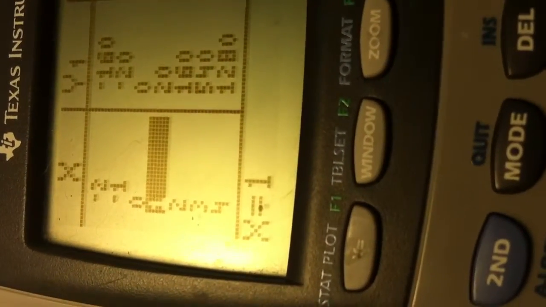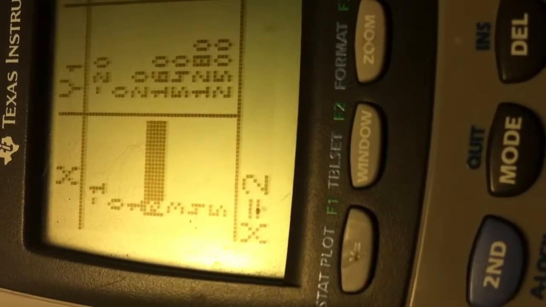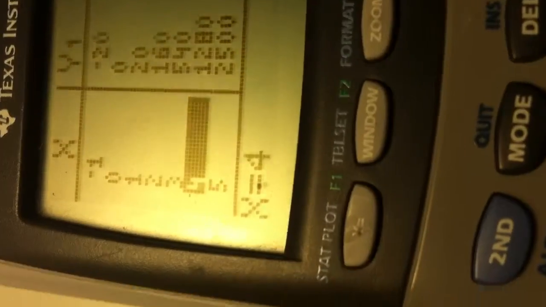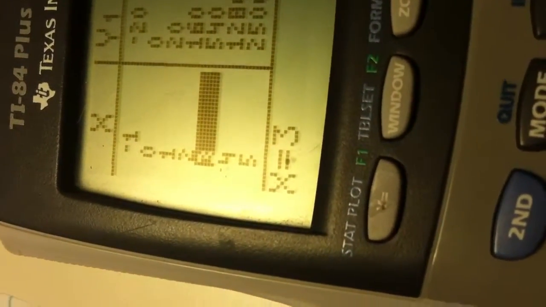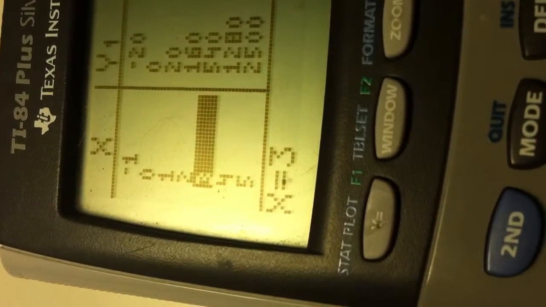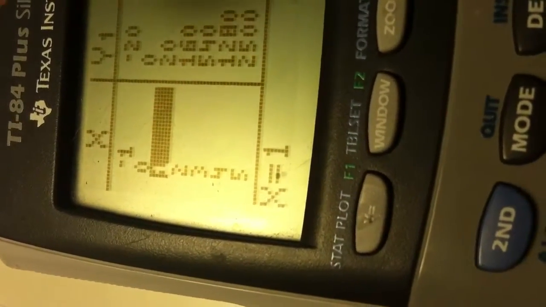For x equals 3 and x equals 0, those are the critical values.